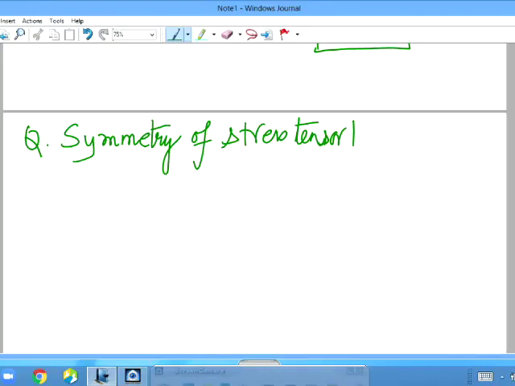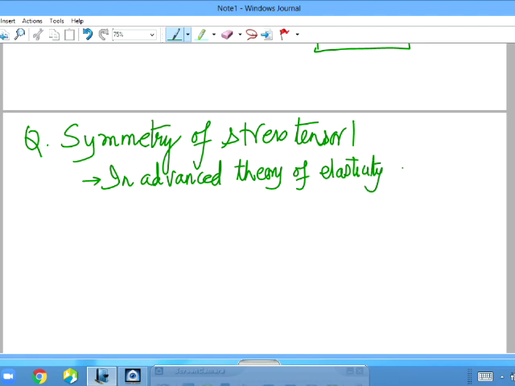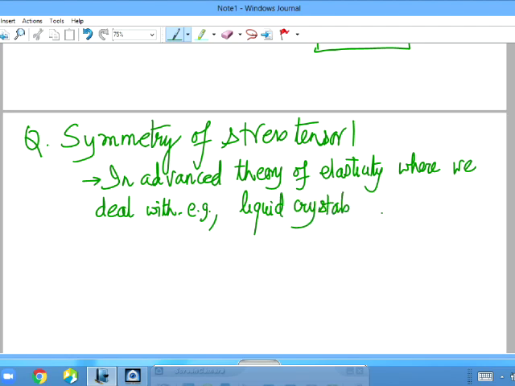I'll just make this remark here. In advanced theory of elasticity, where we deal with, for example, liquid crystals or magnetizable materials, we also want to know the orientation of the microstructure.